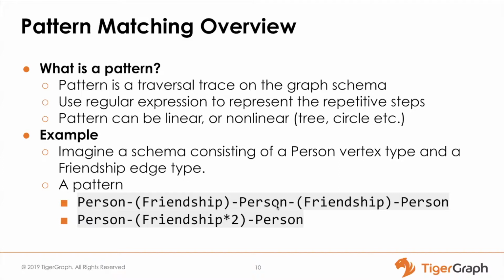And then from the first hop person, I hop another friendship edge and then reach the last person. So this is a two hop pattern, and it answers the question: given a person, how can I reach my two hop away friends?